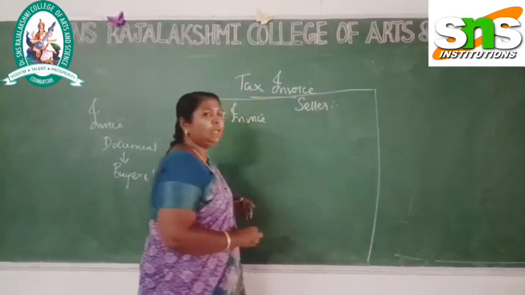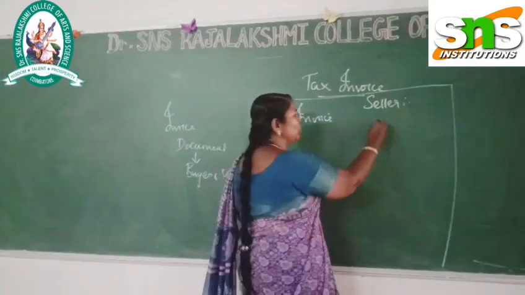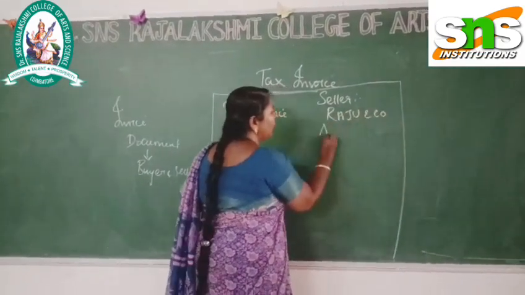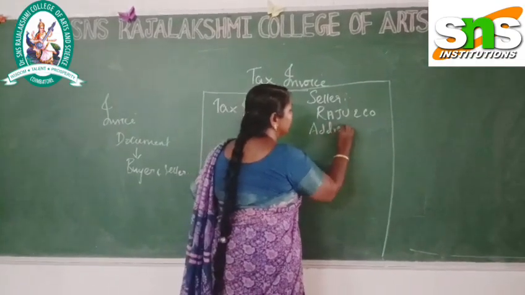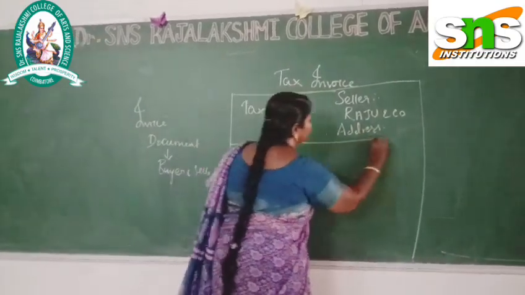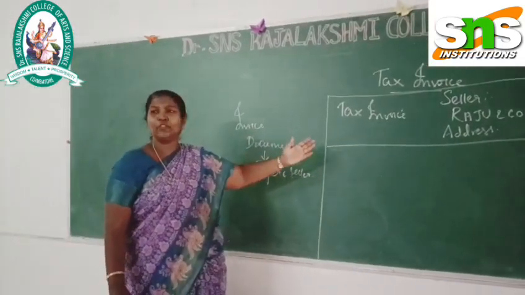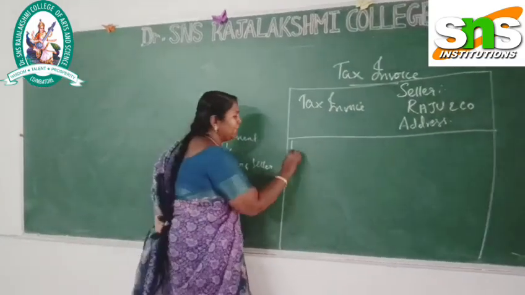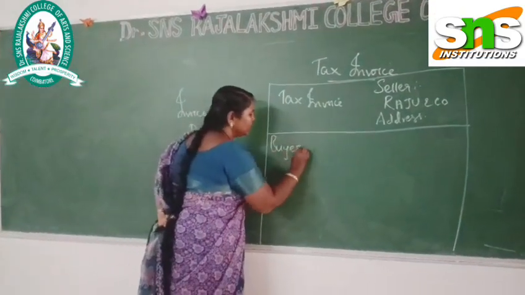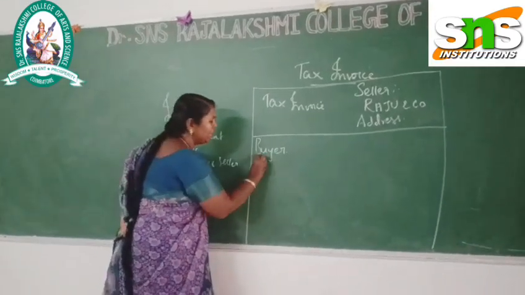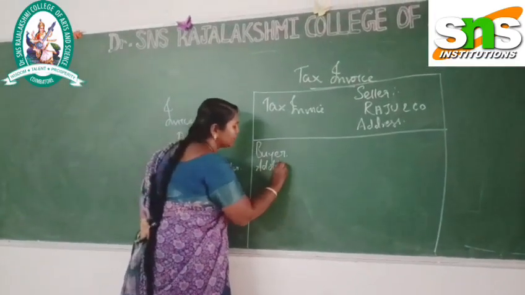For example, the seller name is Raju and Co., and they have to mention their address clearly. In the top corner there must be the details of the seller. Next is the buyer detail, to whom we are selling the goods. We need the details of the buyer with proper address.